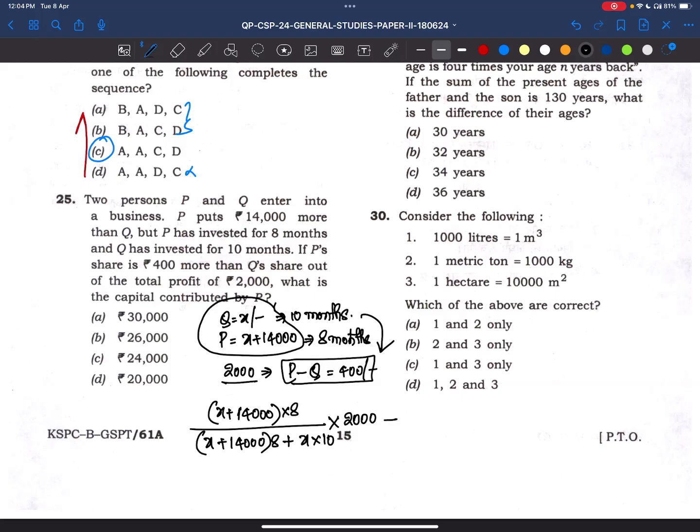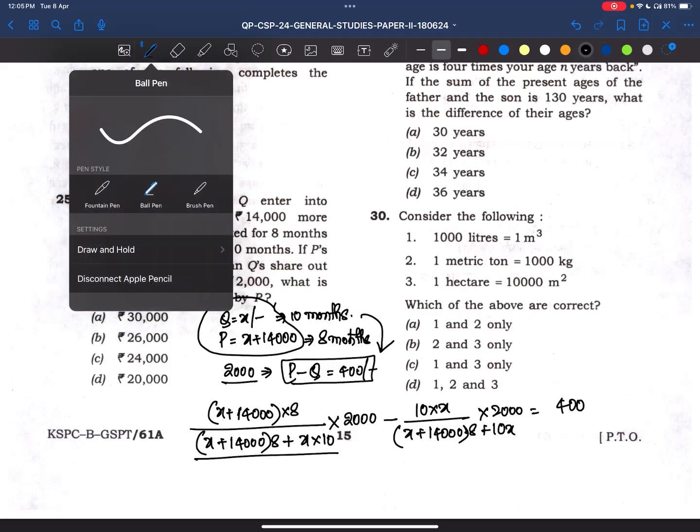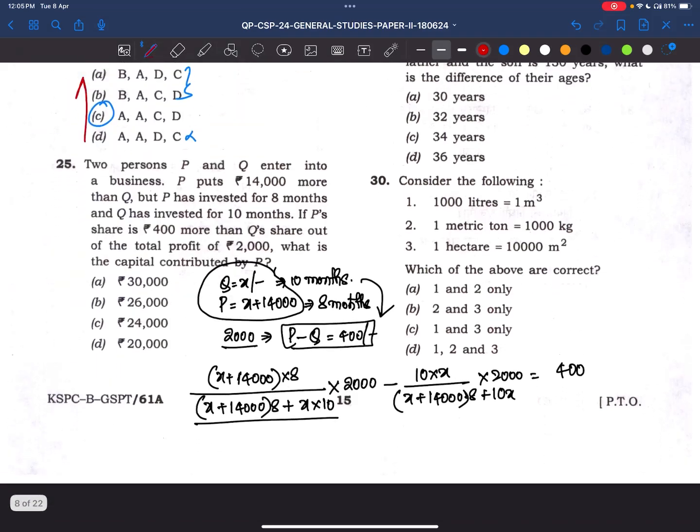Minus the share of Q. What is the share of Q? 10 months into X rupees divided by this whole number. So X plus 14,000 whole into 8, plus 10x, into 2,000 is equal to 400. Now, how can we write this in simple words?